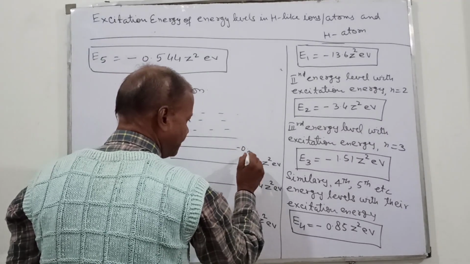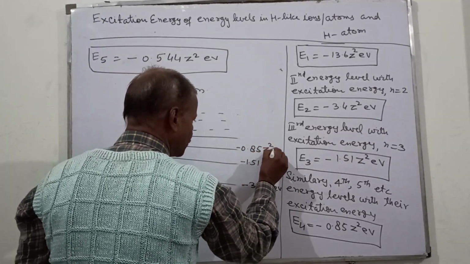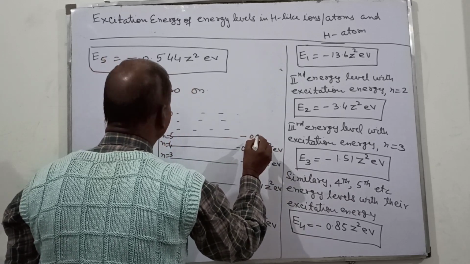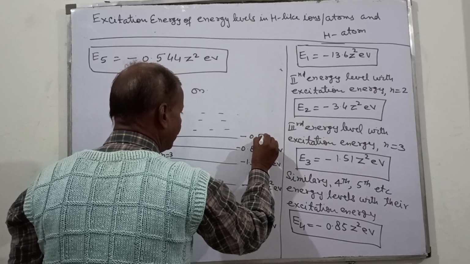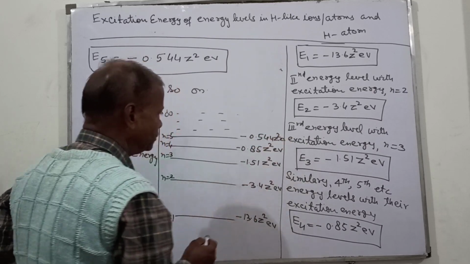and with a minus sign, 0.85 Z square electron volt, and this is minus 0.544 Z square electron volt.